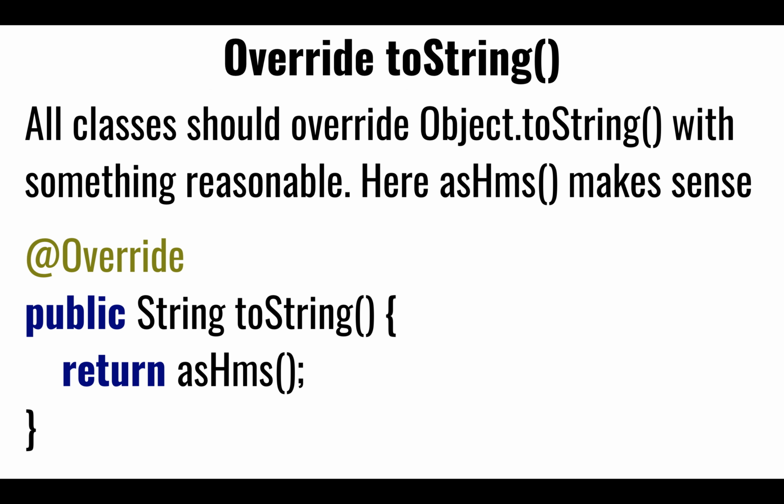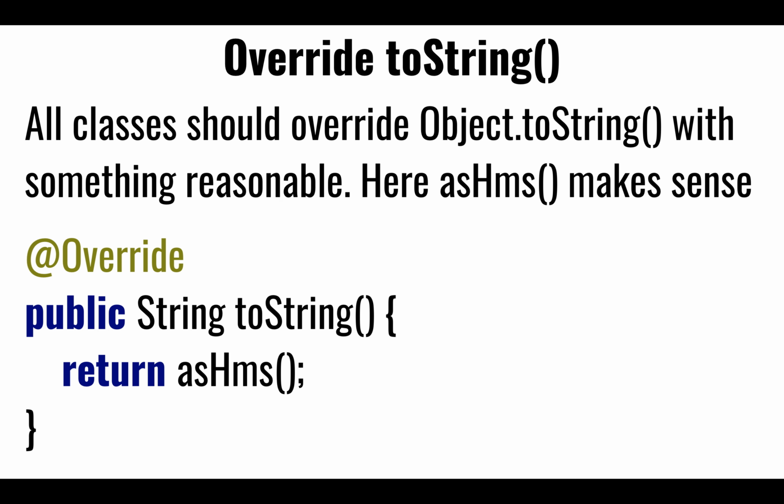Also, toString is a very convenient function that we should always override, whether we're debugging or looking at the console, or anywhere our object can be represented as a string. The default is to display the name of the class and maybe the pointer in memory where our instance lives, and that usually is not very useful.